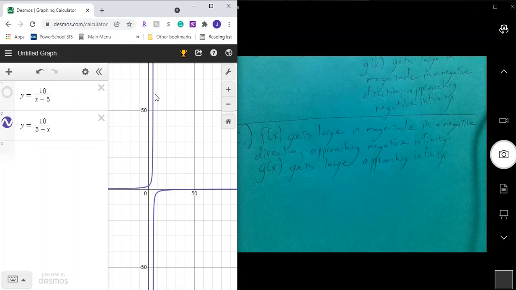Just to give a clearer answer for B: looking at g of x, we were approaching from the right side, and it's going down. And with f of x, again from the right side, it was going up. That's how we got the answers for B as well.